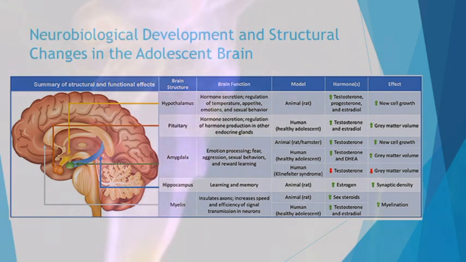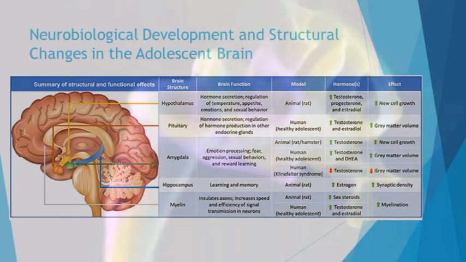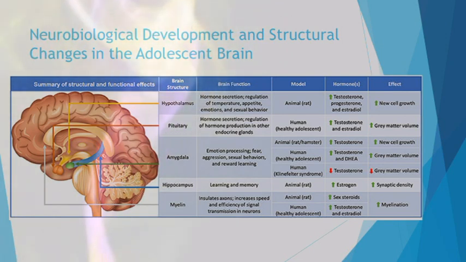Now, I want to dive in a little bit more specifically to the prefrontal cortex, because we think about this as the executive center of the brain. It really starts to develop, but it doesn't fully develop. It only fully develops if you avoid substances, and if you are physically engaged in the world. If you do these things and stay relatively healthy, by the time you're about 25, it's fully developed. But it takes time.